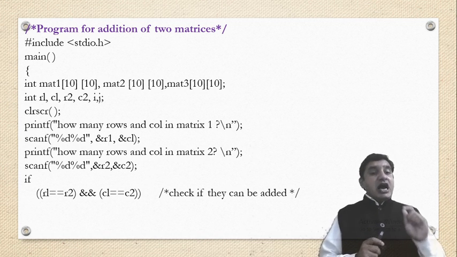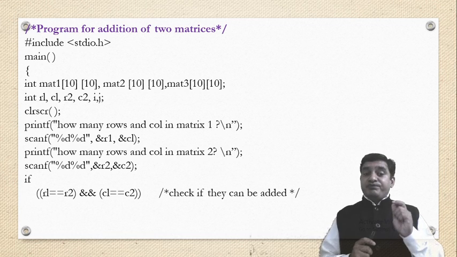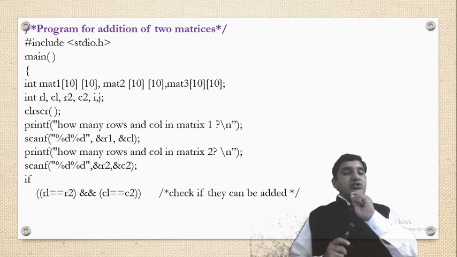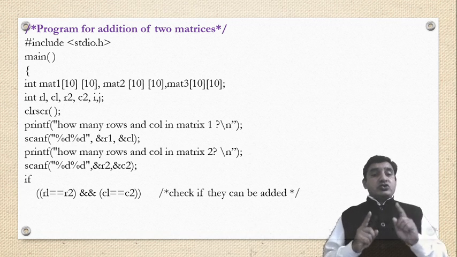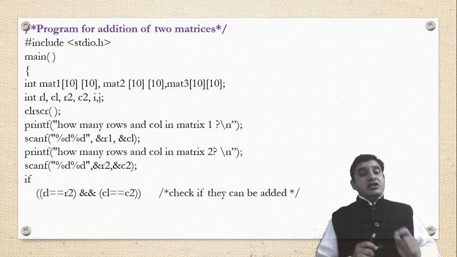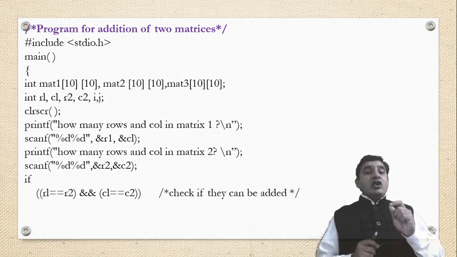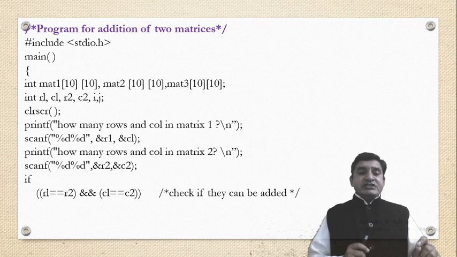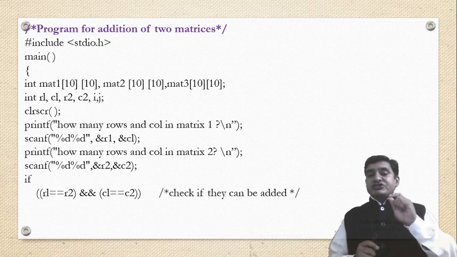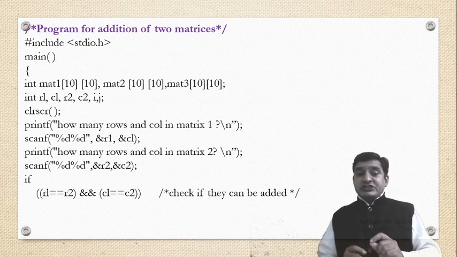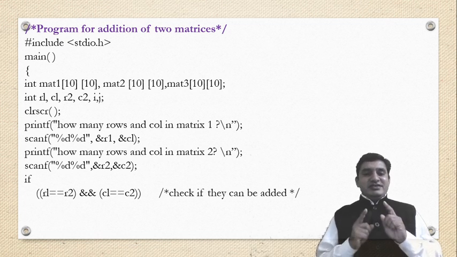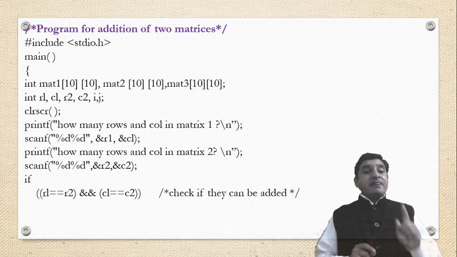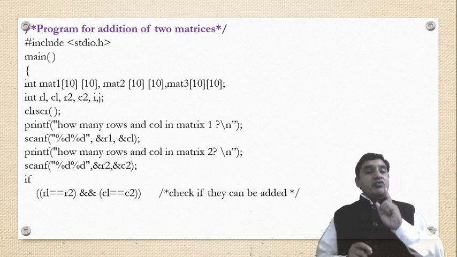Here we use logical AND. If R1 is equal to R2 is true and C1 is equal to C2 is true, then the logical AND expression is true, that is 1.